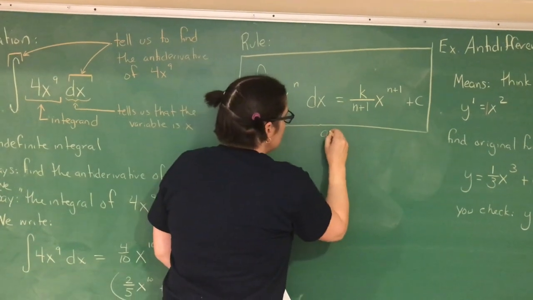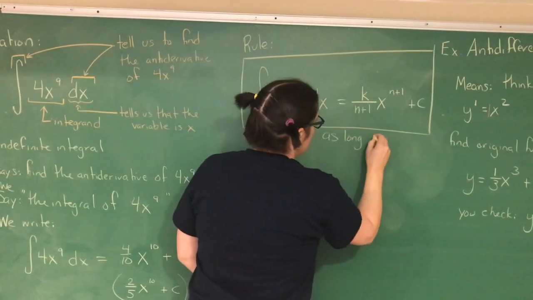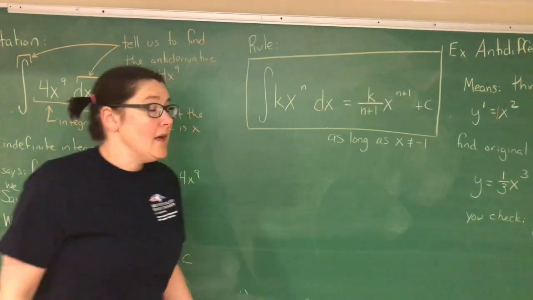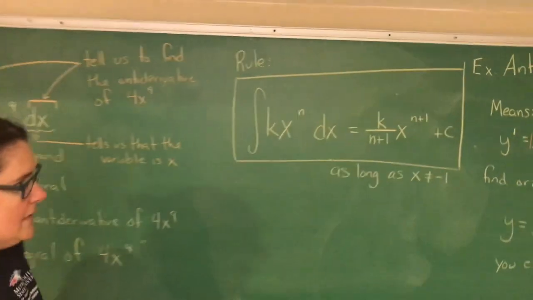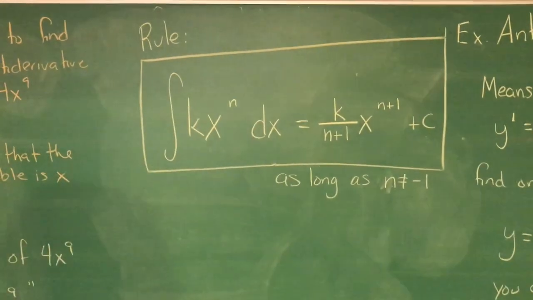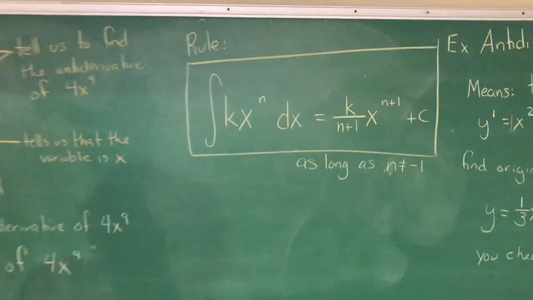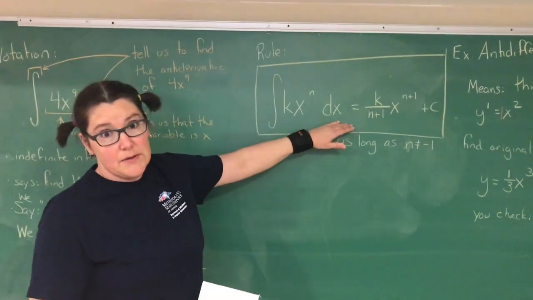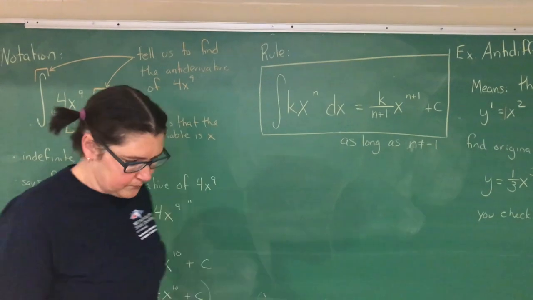So this rule works as long as n is not equal to -1, and we're going to talk about a different rule in that case. Okay, so as long as your power is not -1, in other words, if you don't have x to the -1, then this antiderivative power rule will work.